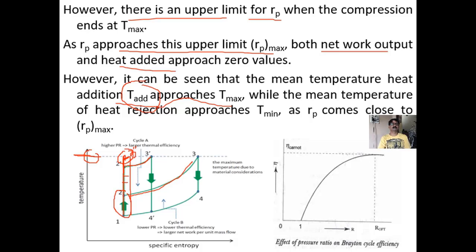While the mean temperature of heat rejection reaches Tmin. As point 4 becomes closer to 1, T1 and T4 are almost equal. So 1 to 4, the average of 1 and 4, that is the average temperature of heat rejection, also approaches Tmin as Rp reaches Rp max.